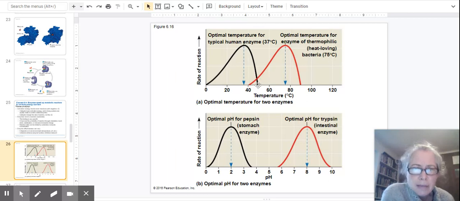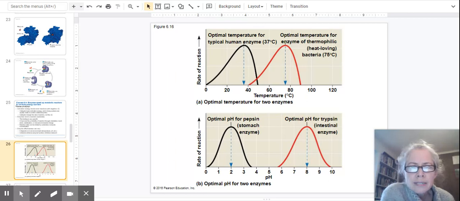So that by the time we're just a few degrees above the optimal body temperature, enzymes stop working at all. Incidentally, this is why a low fever is not bad for you, but a high fever is bad for you. High fevers can actually really damage the proteins in your body. So you should avoid very high fevers if you can. A low fever is not bad.